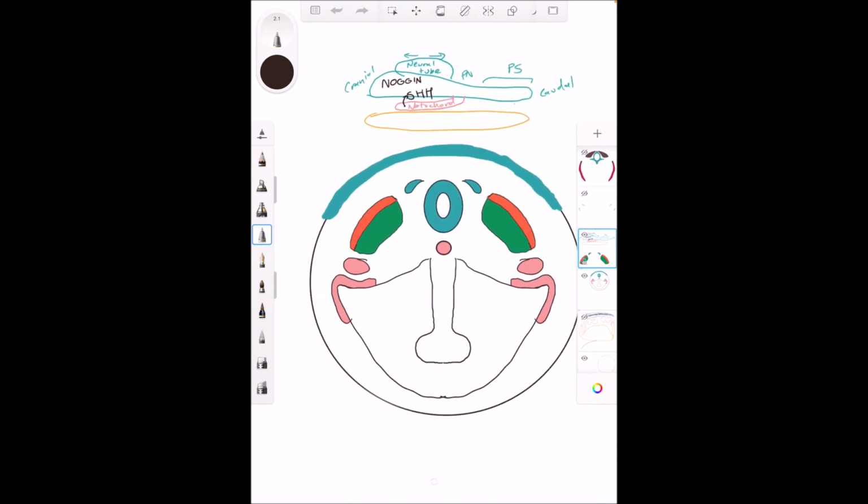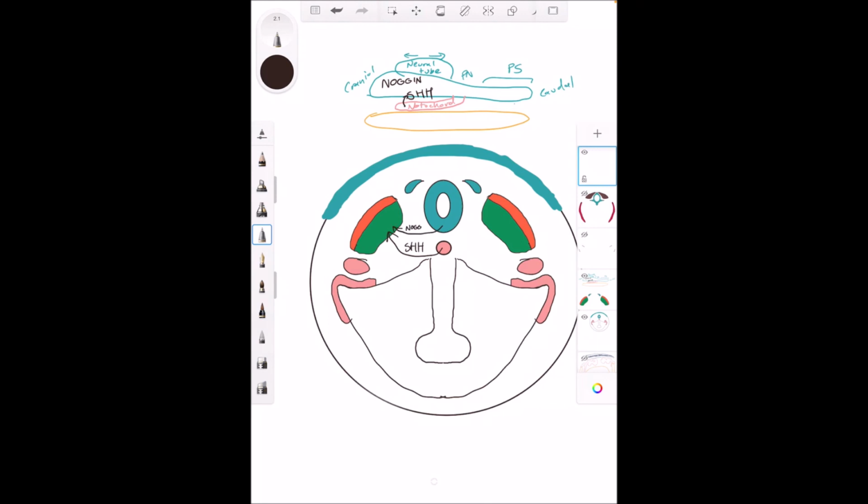What we're going to have is the sonic hedgehog coming from the notochord, and noggin coming from the ventral side of the neural tube. Those are going to induce this green area to do its thing, and be different from the orange layer.